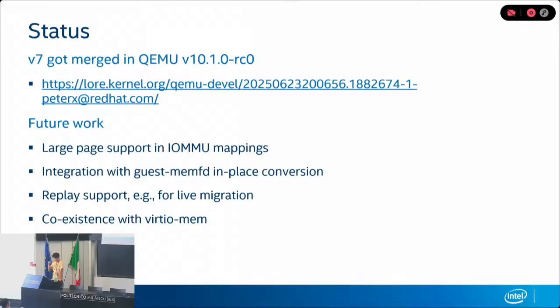For example, we need to support large pages in IOMMU mappings, and we need to integrate this solution with guest memory FD in-place conversion, and we need to add replace support for RAM migration, and also try to make it coexist with virtio-mem.